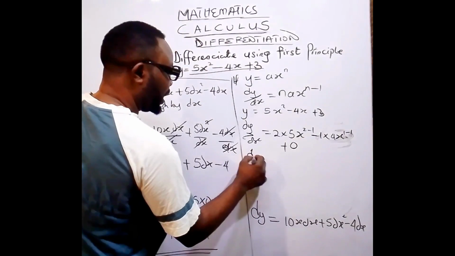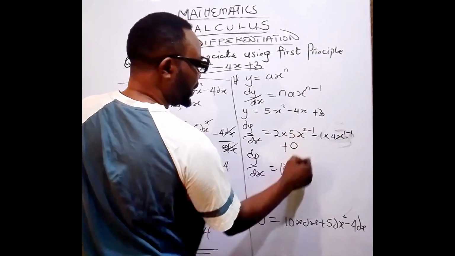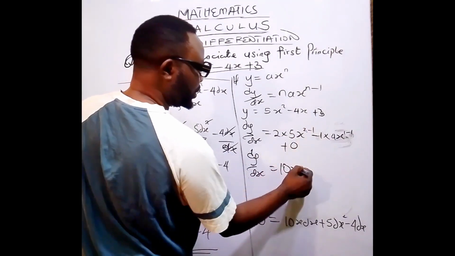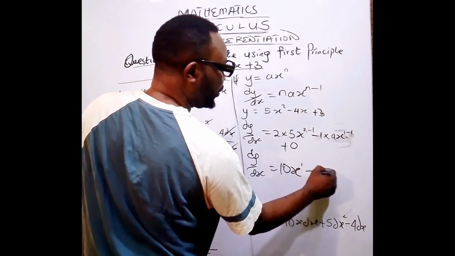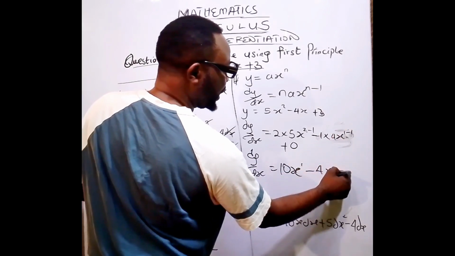So the y dx now will be equal to 2 times 5, that's 10x raised to 2 minus 1, that's 1. Then 1 times 4, that is 4 times x raised to 1 minus 1, x raised to 0.